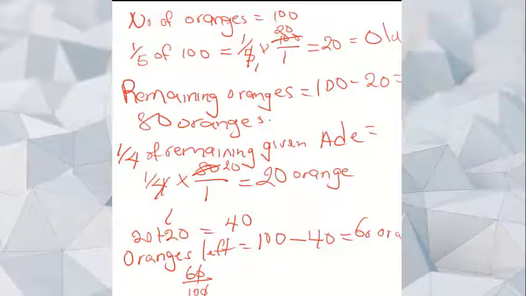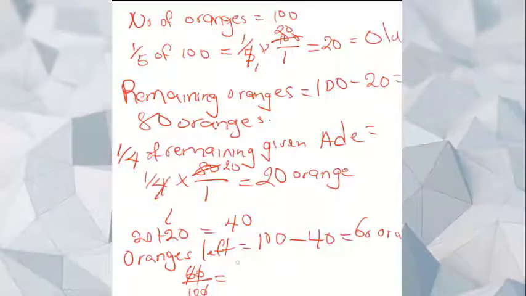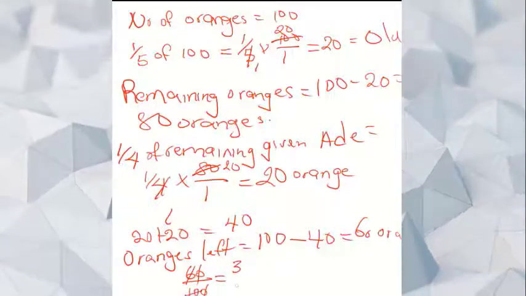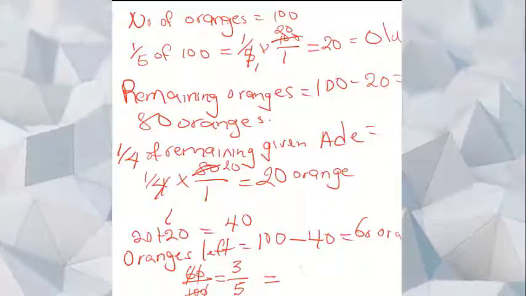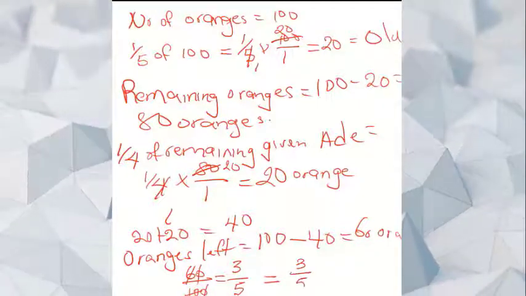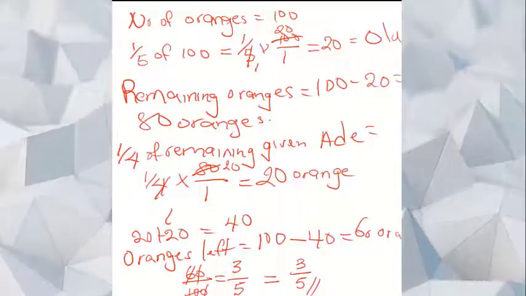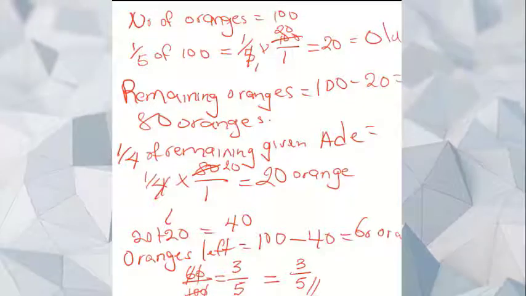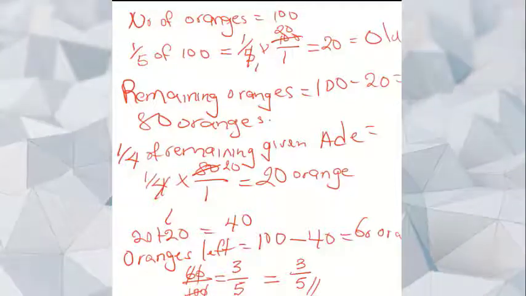What can divide 6 and 10? 2 can divide. 2 here gives 3, and 2 here gives 5. So our final answer is 3 over 5. Okay, so let's move on.